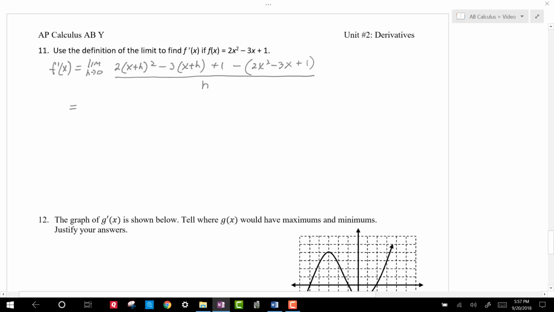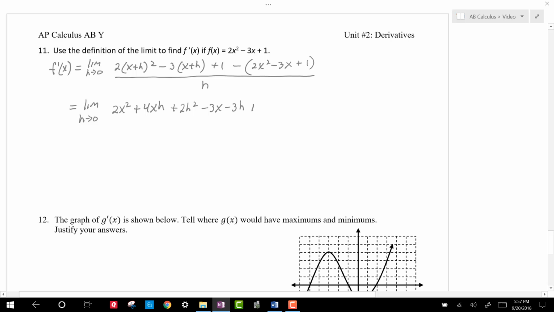So this is the limit as h goes to 0 of 2x squared. We got 2xh times 2, so 4xh, plus h squared times 2, which would be 2h squared. Distribute the negative 3, that's minus 3x minus 3h.